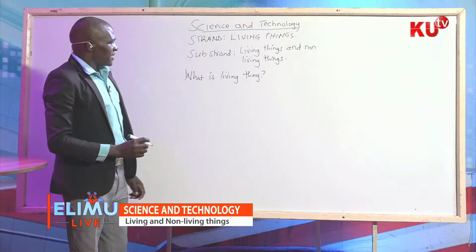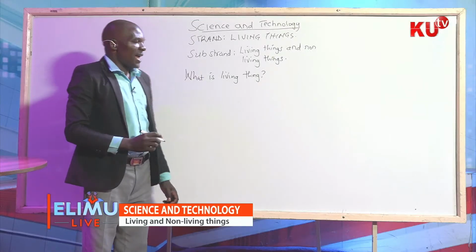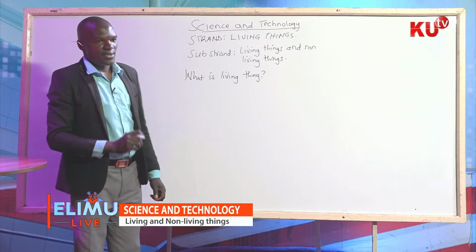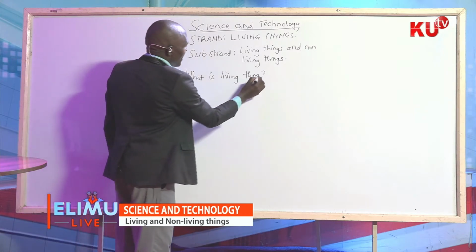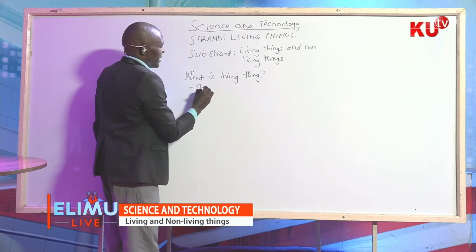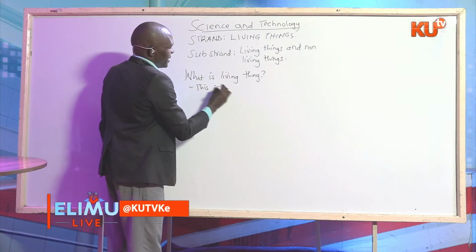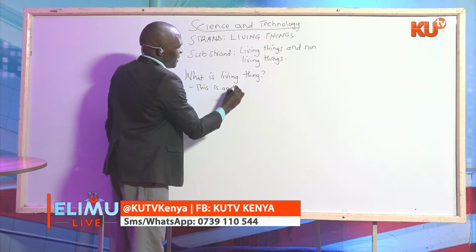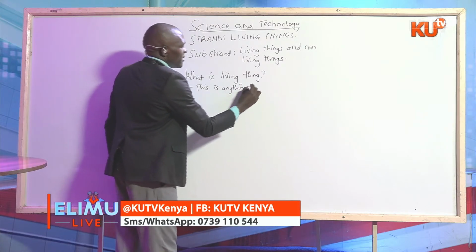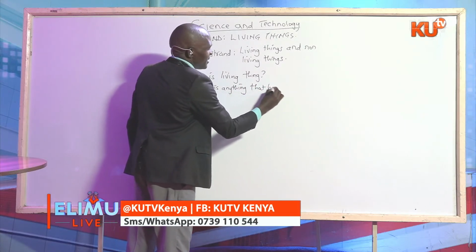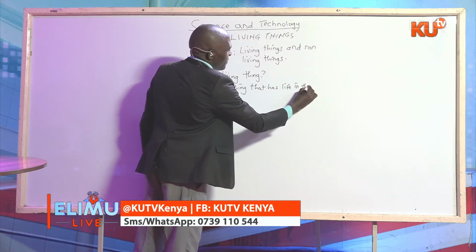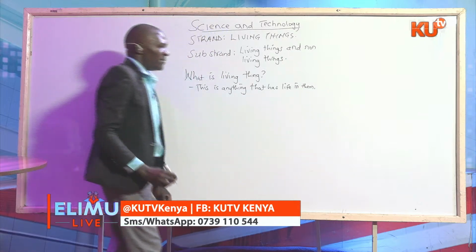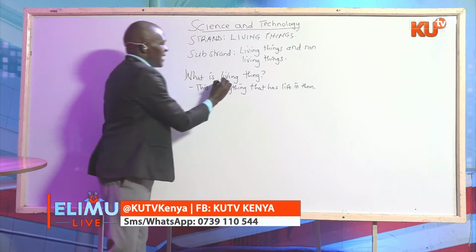You may be asked to give the meaning of a living thing, and you need to understand that a living thing is anything that has life in it. That is what we call a living thing.